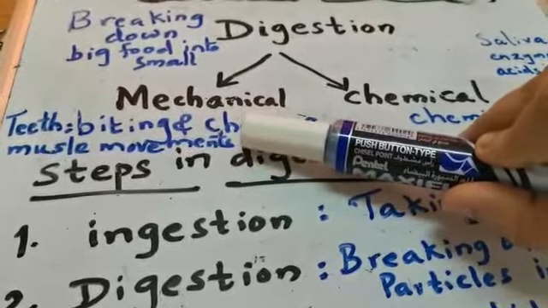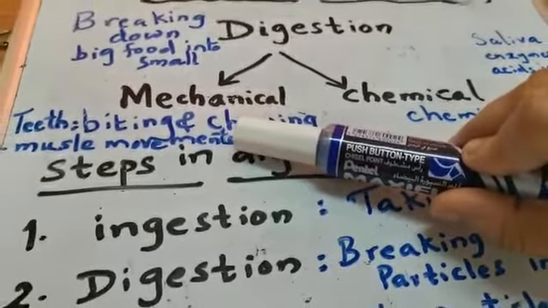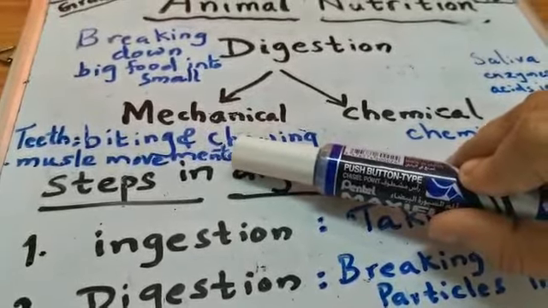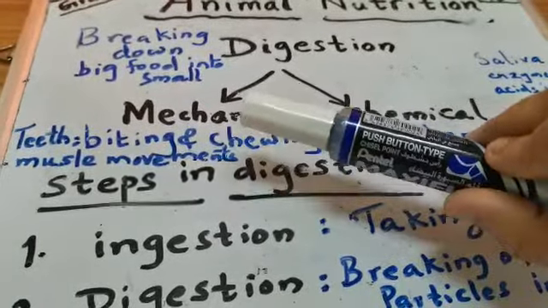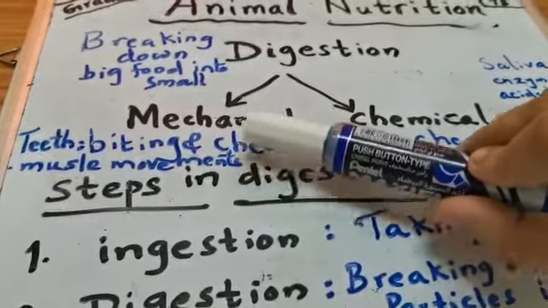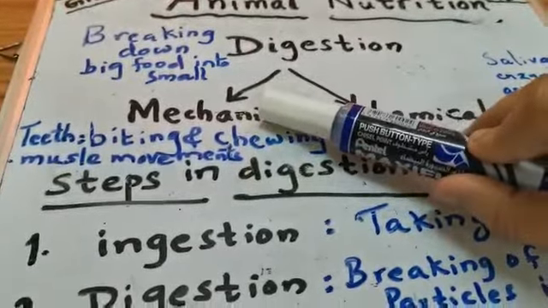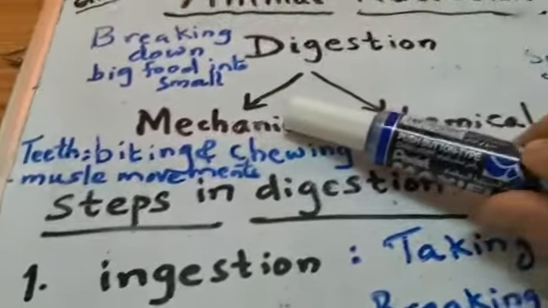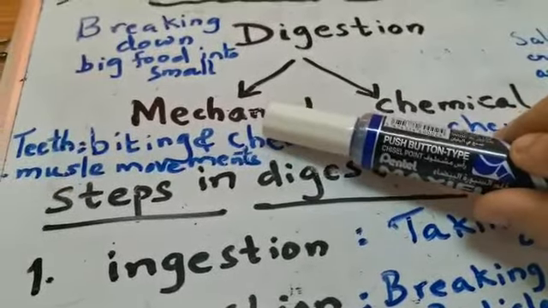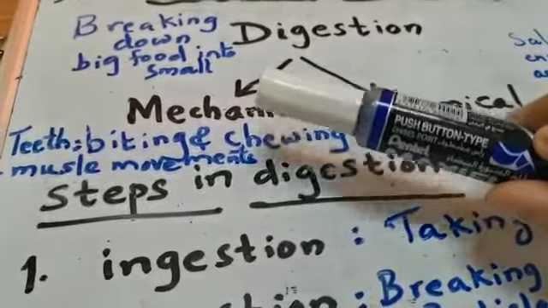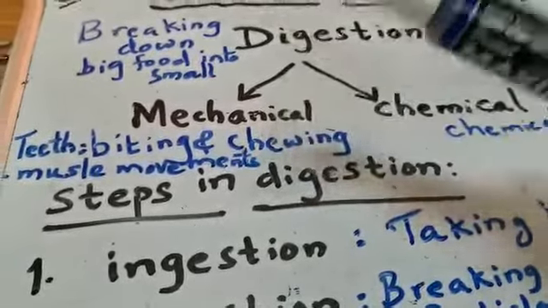There is a muscle movement called peristalsis to move your food from your mouth to stomach. So that muscle movement is also included in mechanical digestion. All kinds of movements that help break down food into smaller pieces are called mechanical digestion.